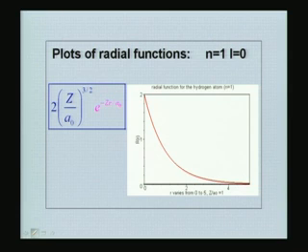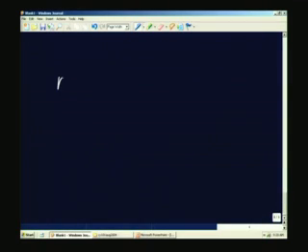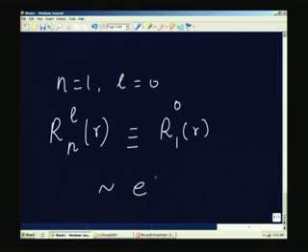The first one, corresponding to n equal to 1 and L equal to 0, is a constant times exponential of minus Z r by a naught. Let me write that. For n equal to 1, L equal to 0, the radial function, with notation R n L of r, is R 1 0 of r, leaving the constants out, exponential minus Z r by a naught.